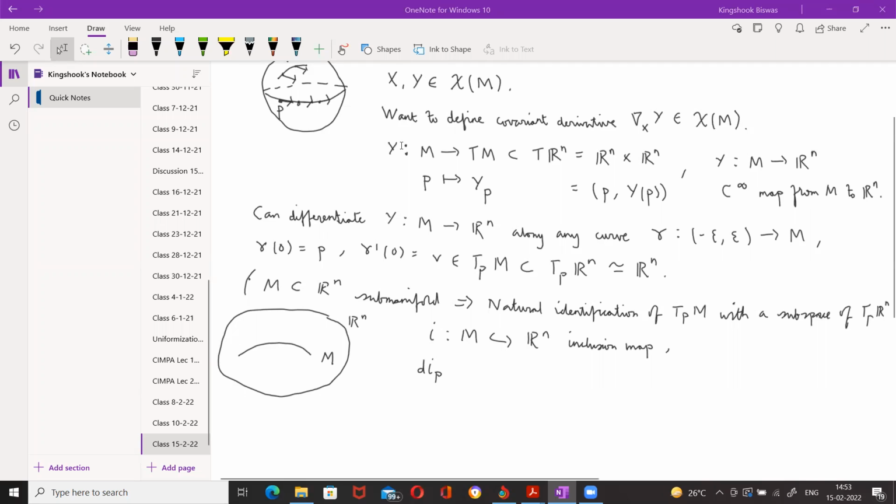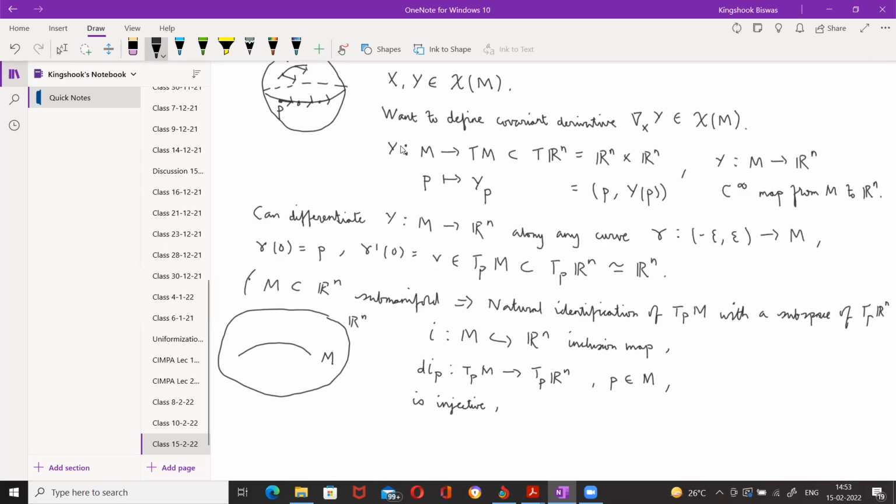Okay. So we can look at the derivative of the inclusion map, that goes from T_P M to T_P Rn, where P is a point of M. And the point is that this map is injective. Therefore, it identifies T_P M with a subspace of T_P Rn.